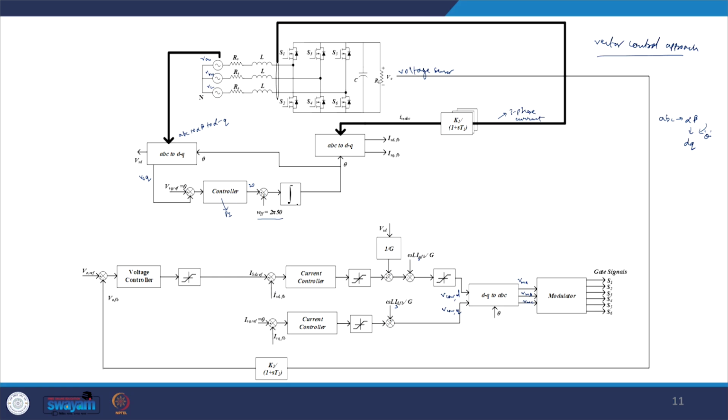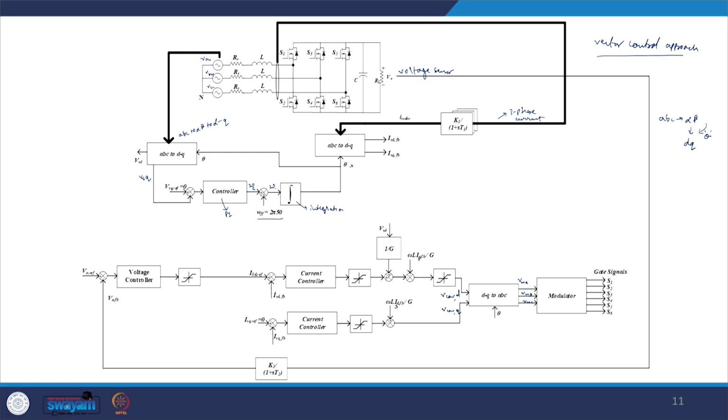Then after this we will have this integration, and this integration will give me my theta information, because this will be my actual line frequency. The omega controller output is added with the feed forward to get the omega, which is integrated to give you theta information.